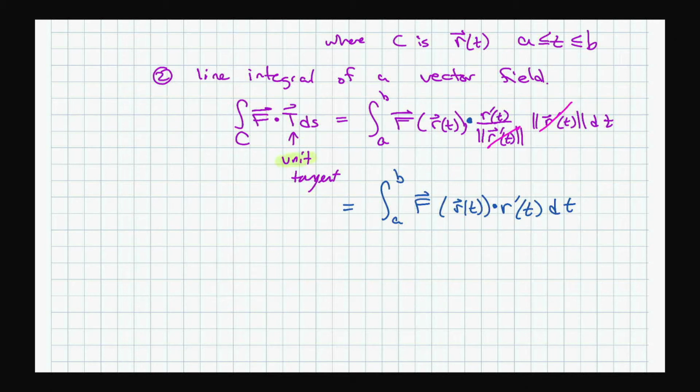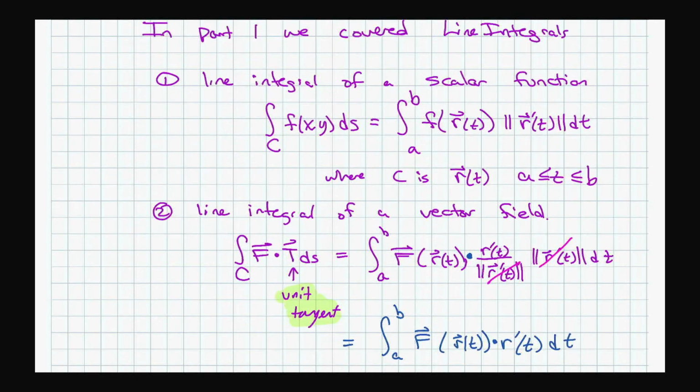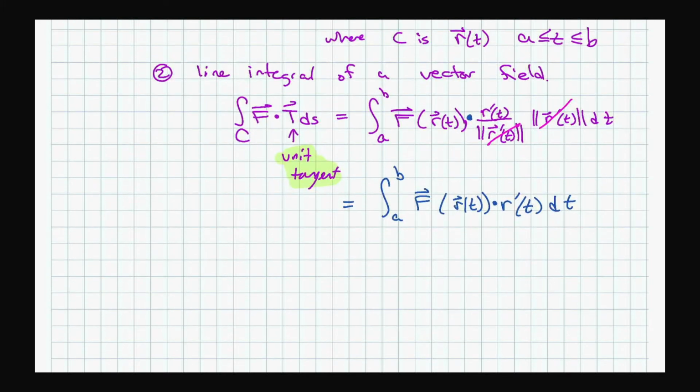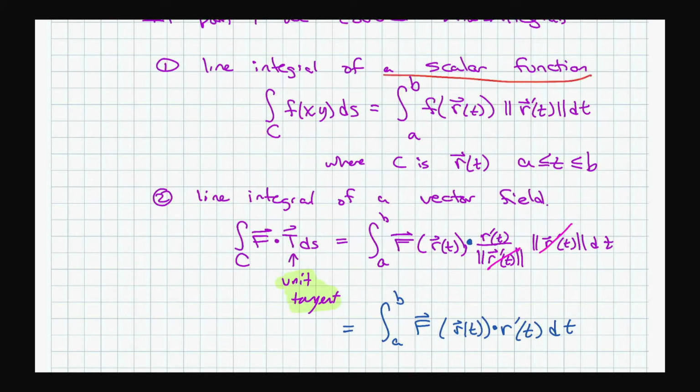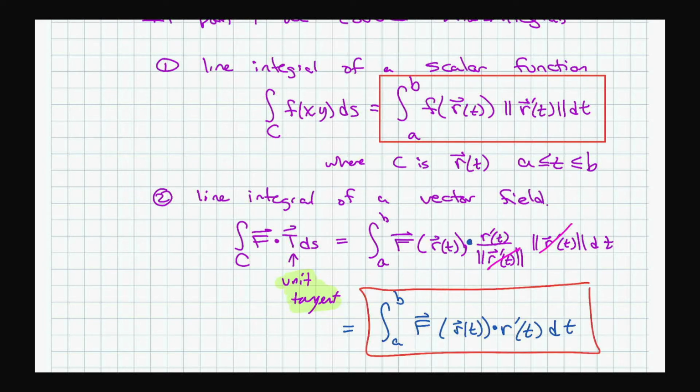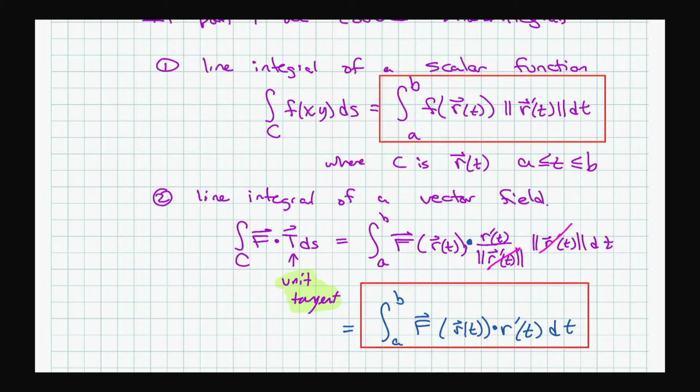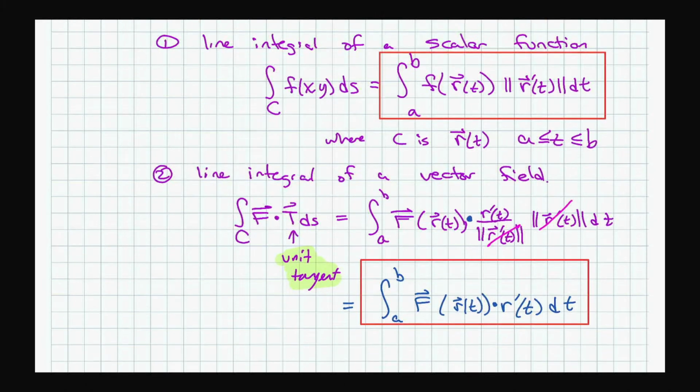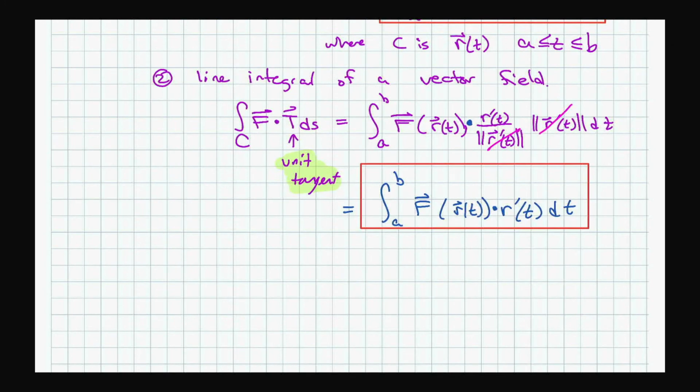What I wanted to bring your attention to was where it says unit tangent. That's what T was, even though you didn't think about that very hard while solving problems. That's how you arrived at the equation you actually used. So you used this one for a line integral of a scalar function, and this formula for a line integral of a vector field. And that's where we were.